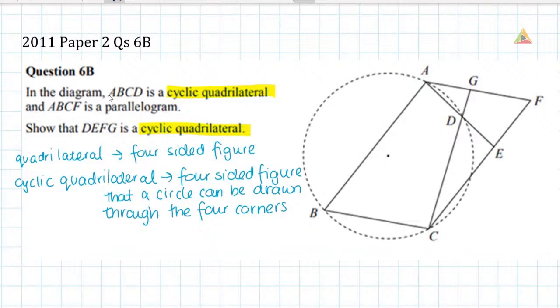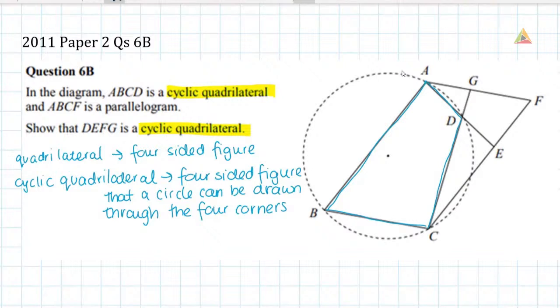So it tells me that ABCD is a cyclic quadrilateral. So I'm looking at the shape that starts at A, goes to B, goes to C, goes to D, and goes back to A. I can see that this is my four-sided figure here with my straight sides, and that makes it a quadrilateral. It doesn't look like a square or a rectangle or a parallelogram, but it is this special type of quadrilateral called a cyclic quadrilateral.